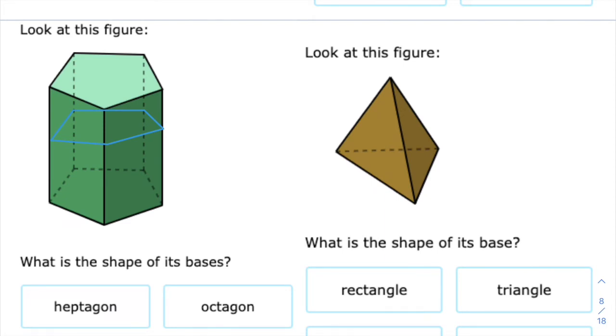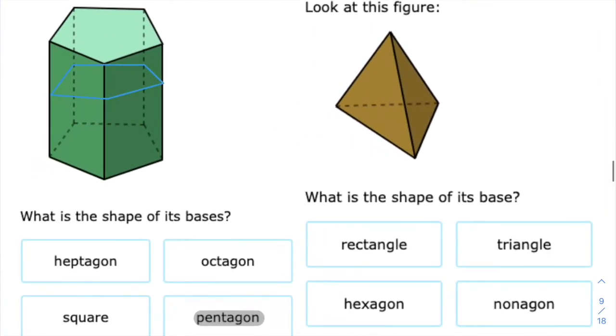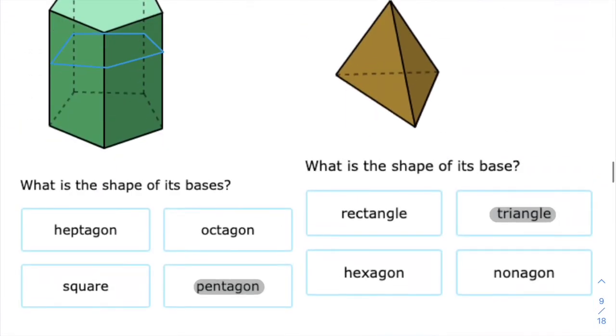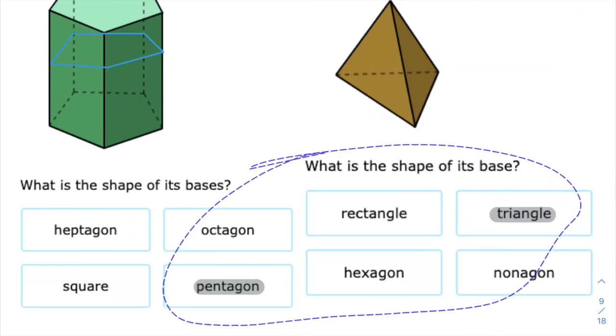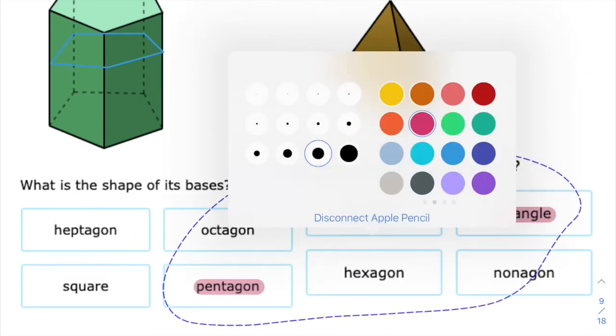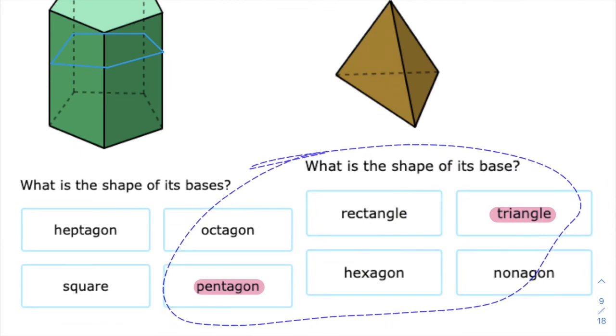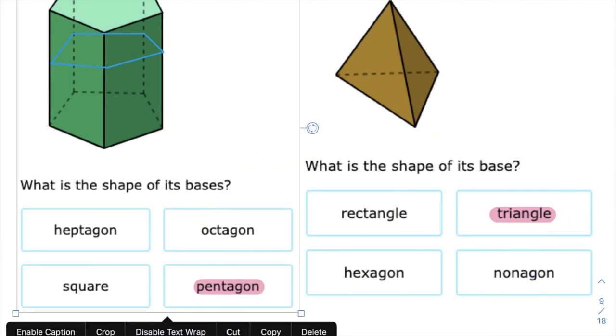In this one, because they're all triangles no matter what, it doesn't matter which side you pick. This is a triangular pyramid. No matter which way you look at it, up, right, left, or down, it's still going to be a triangle. Okay.